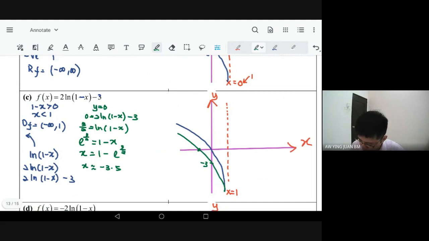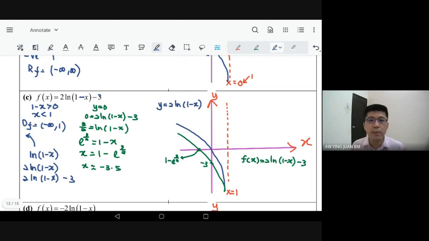So finally here we can state clearly 1 minus e to the power of 3 over 2. So don't forget to label the graphs. For green in color, our graph is f(x) equals 2 ln(1 minus x) minus 3. Can? For the blue color, that is y or f(x) equals 2 ln(1 minus x). So I hope you can see how to do the graph transition.